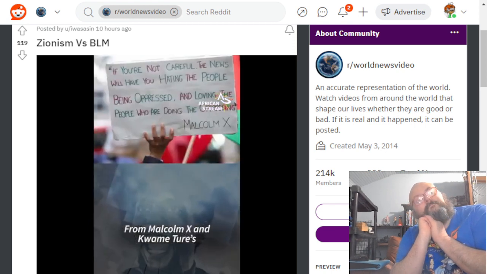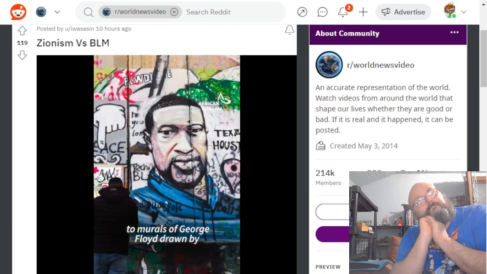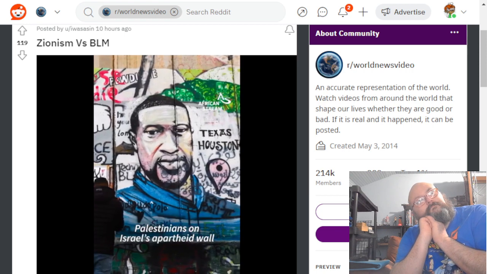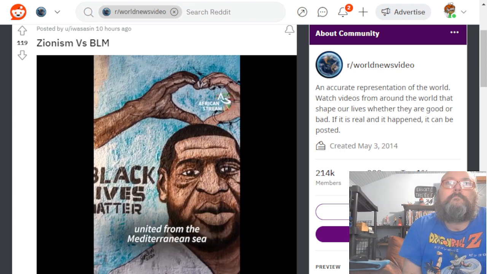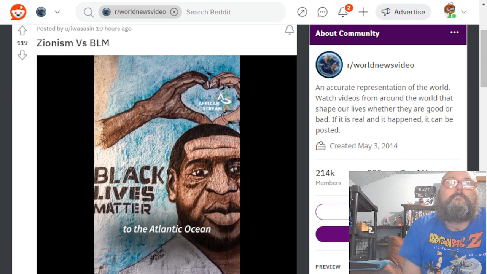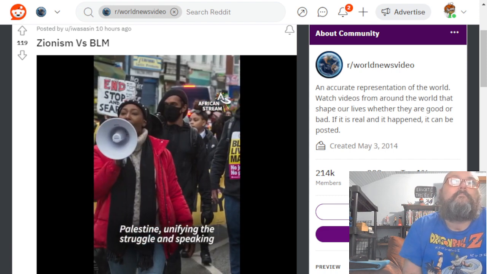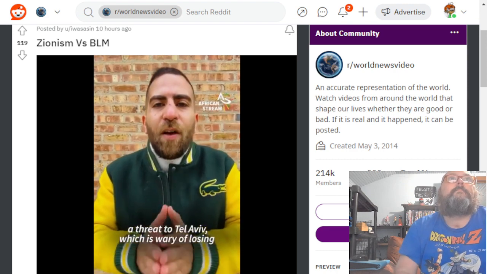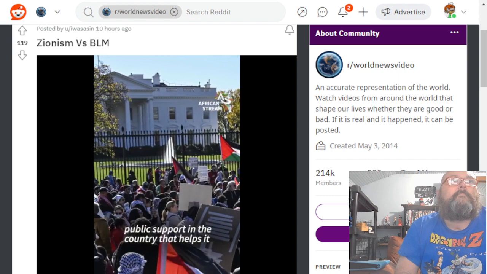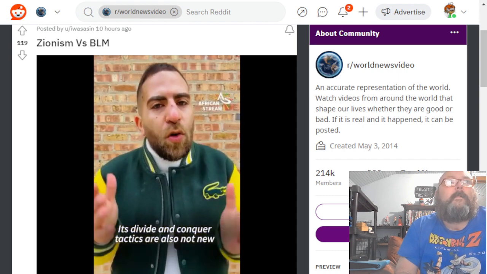From Malcolm X and Kwame Ture's outspoken criticism of Zionism to murals of George Floyd drawn by Palestinians on Israel's apartheid wall in the occupied West Bank, the struggle for freedom has been united from the Mediterranean Sea to the Atlantic Ocean. Young black teens protesting for Palestine represents a threat to Tel Aviv, which is wary of losing public support in the country that helps it the most. Its divide and conquer tactics are also not new.